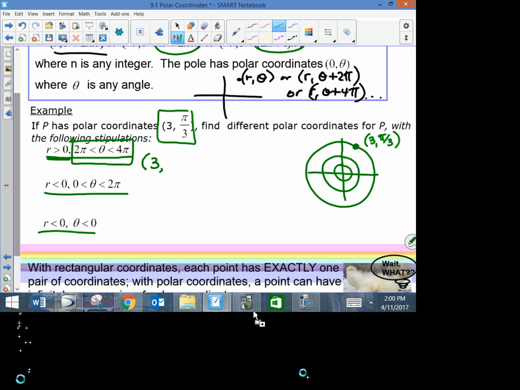So what are we going to do to this pi over 3? Add 2 pi. So pi over 3 plus 2 pi gives me 7 pi over 3. 7 pi over 3 is between 6 pi over 3 and 12 pi over 3. That's what the pi's are.